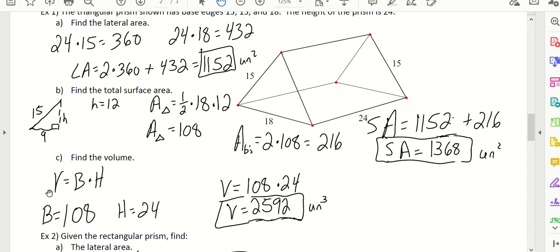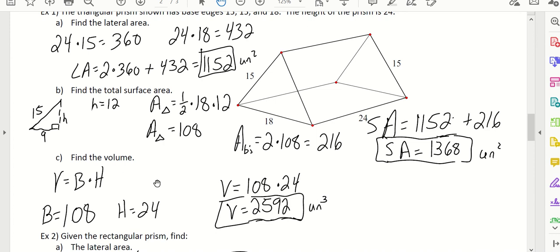So again, volume is area of the base, just one of the bases. The area of our triangular base here we found to be 108. So B is 108. The height is that perpendicular segment connecting the two bases, which is 24, that was given to us. So 108 times 24, we get 2,592 units cubed for the volume of this figure.